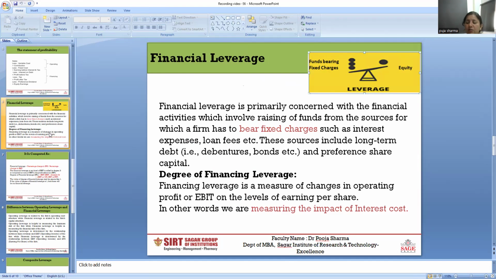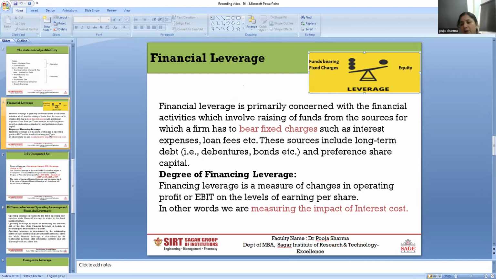Whenever the company needs funds, it can use these sources. If the company increases the fixed charges bearing instrument, that is debenture, you can just see the effect of that. The interest is again a fixed expense, and here you can see the effect of that on the capital structure, on the profitability of the equity share.